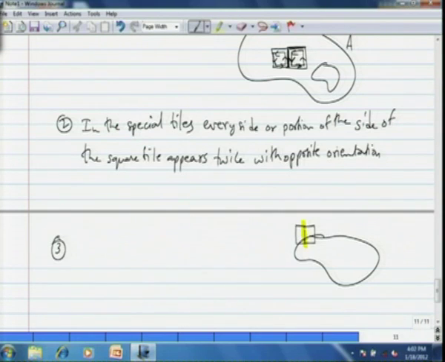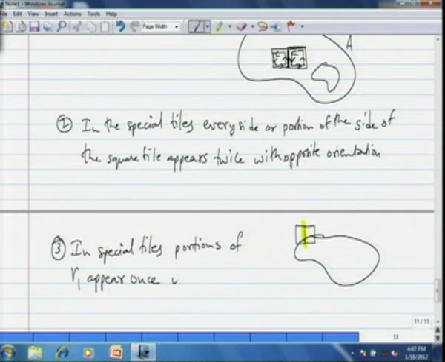And now, there is a third observation that I make. In special tiles, portions of gamma 1 appear, and only once, with the same orientation as gamma 1.